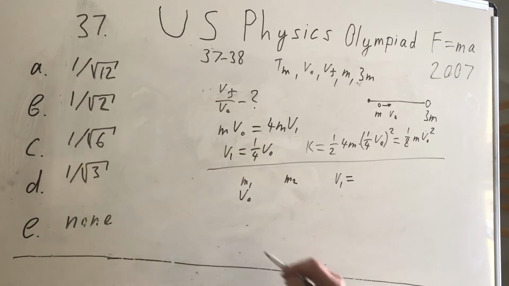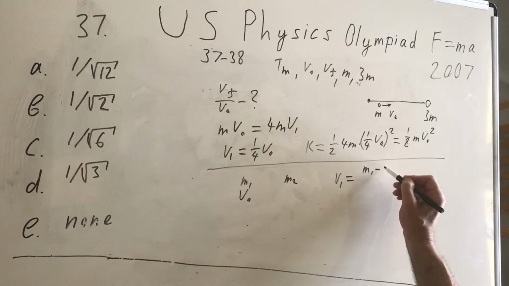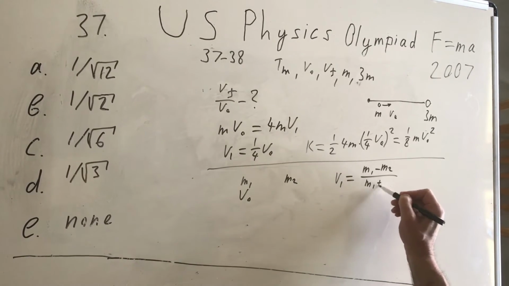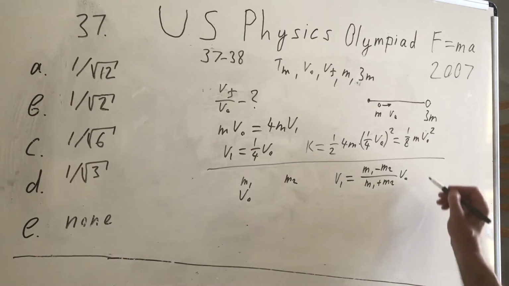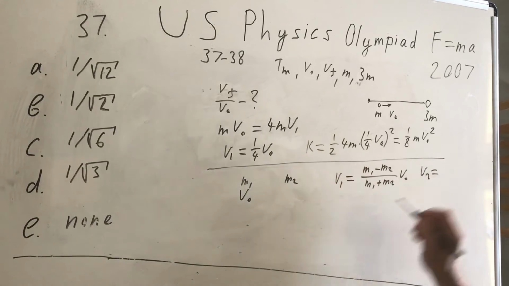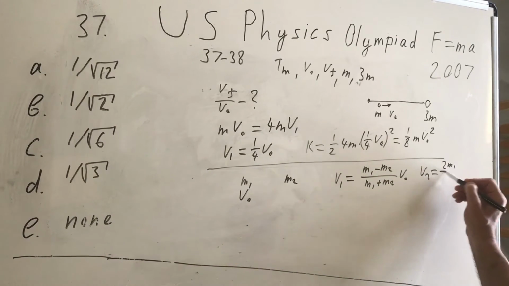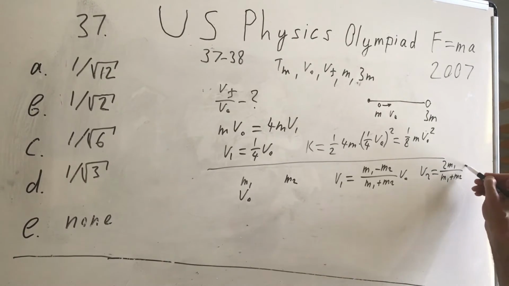V1 for the first mass is (m1 minus m2) over (m1 plus m2) times v0, and v2 for the second mass equals 2 m1 over (m1 plus m2) times v0.